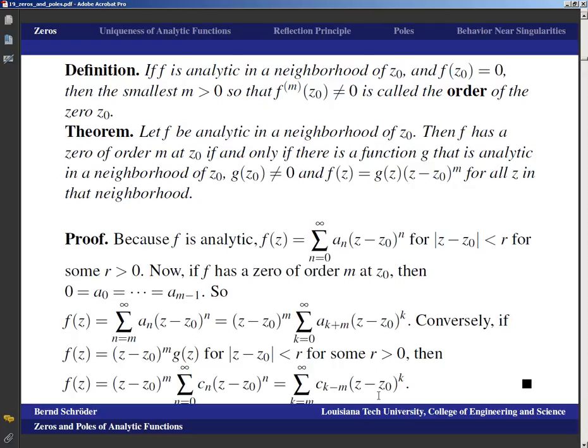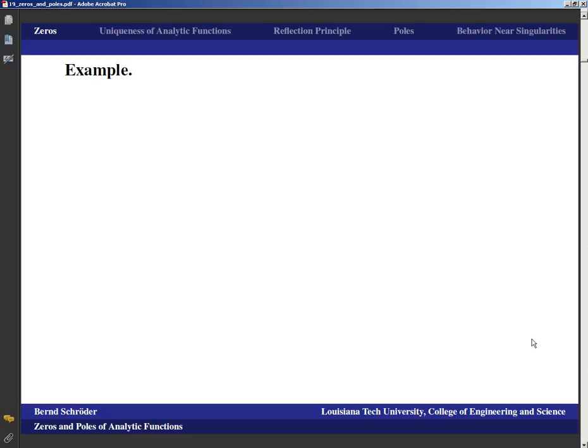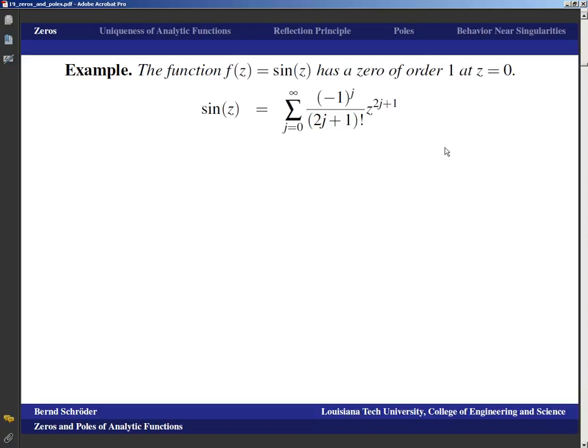And that, of course, means that f has a 0 of order m here, because the low order coefficients all the way to order m minus 1 are all equal to 0. As an example, the sine function has a 0 of order 1 at z equals 0, because the sine function's power series expansion goes with these exponents 2j plus 1.